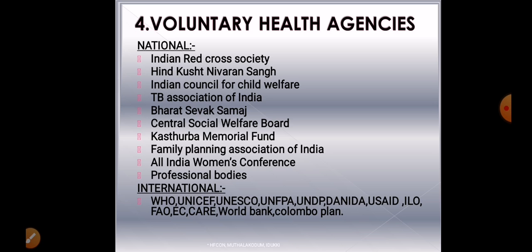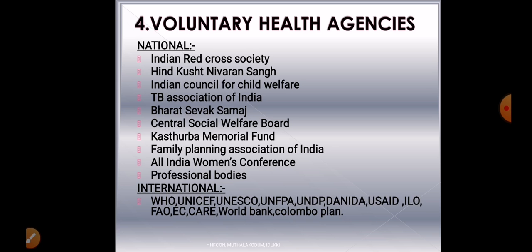The various voluntary health agencies in India at the national level, we have studied about Indian Red Cross Society, Hind Kusht Nivaran Sangh, Indian Council for Child Welfare, TB Association of India, Bharat Sevak Samaj, Central Social Welfare Board, Kasturba Memorial Fund, Family Planning Association of India, All India Women's Conference, and various professional bodies.